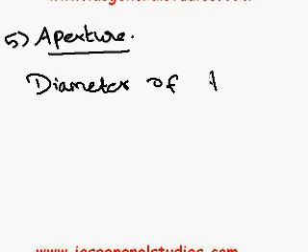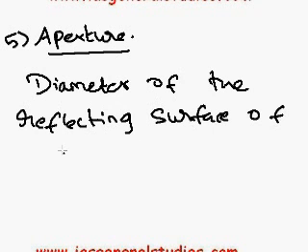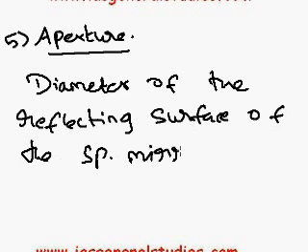It is nothing but the diameter of the reflecting surface of the spherical mirror. Is it clear? It is nothing but the diameter of the reflecting surface of the spherical mirror.